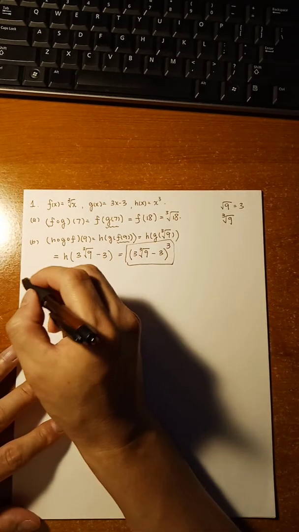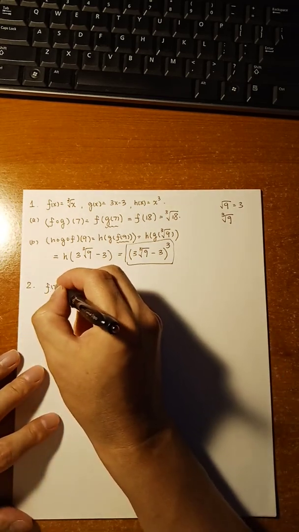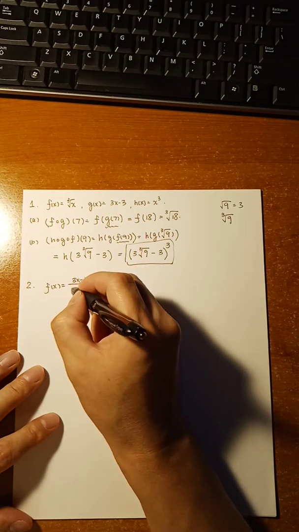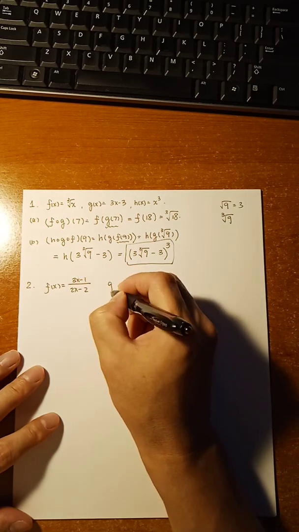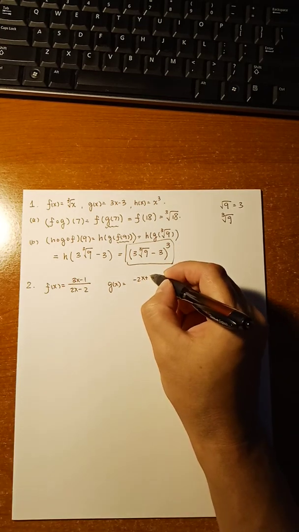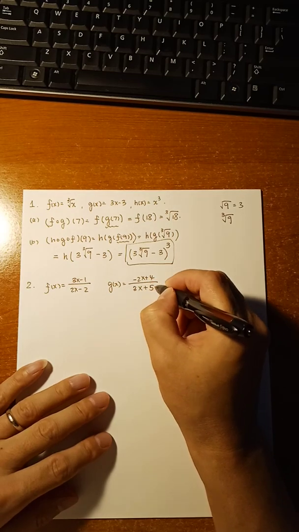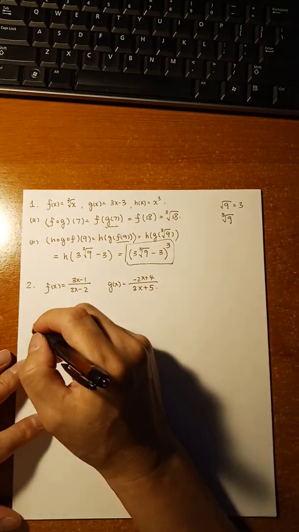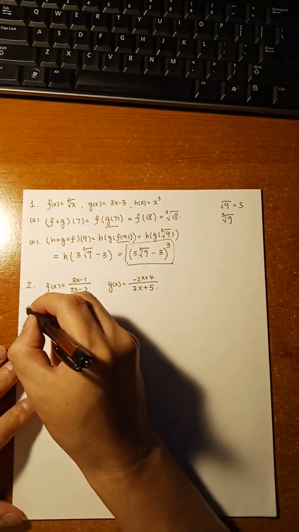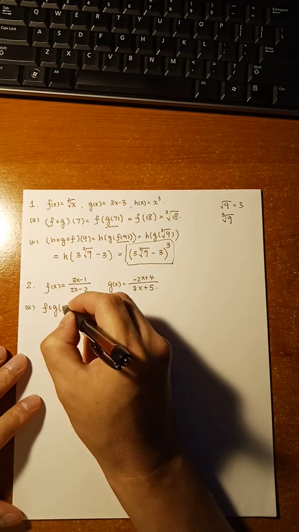And second one, we'll still talk about the composite function. We have f(x) equal to (3x minus 1) over (2x minus 2). g(x) is equal to (negative 2x plus 4) over (3x plus 5). We're looking for the composite function and its domain. A, we have f compose g. We want to find the expression.